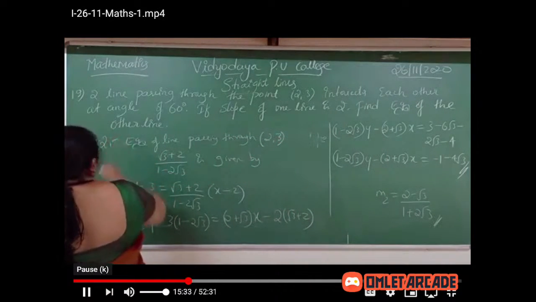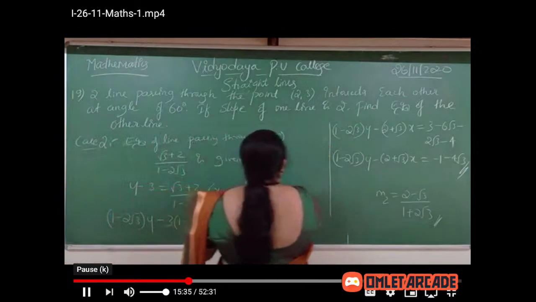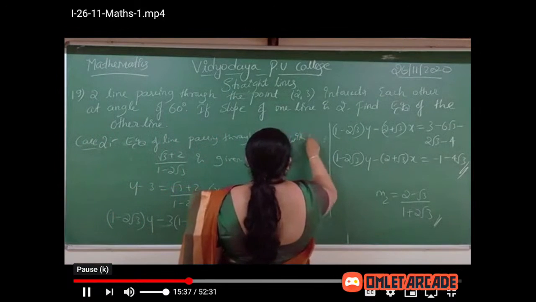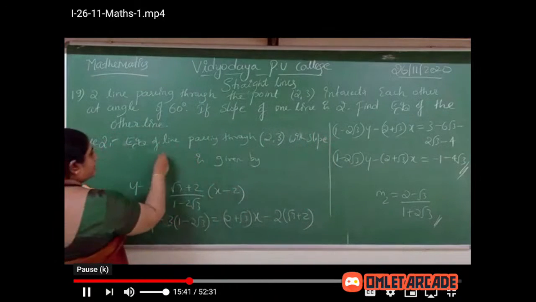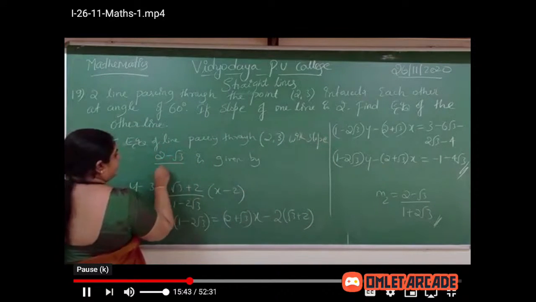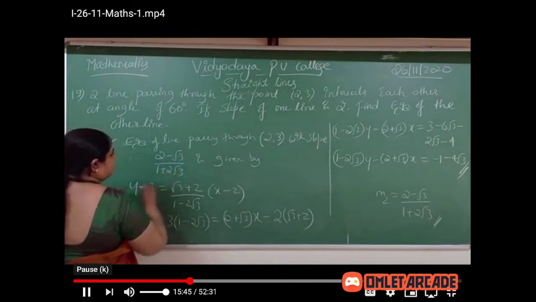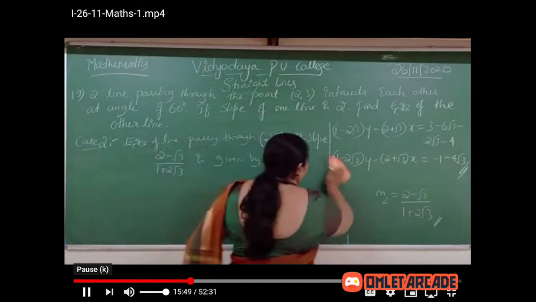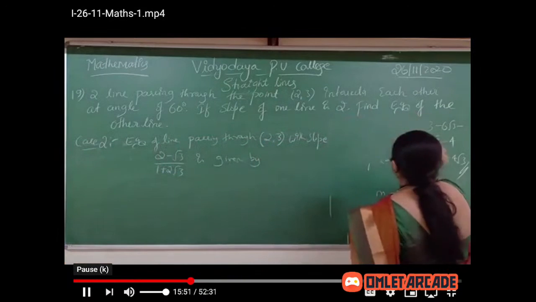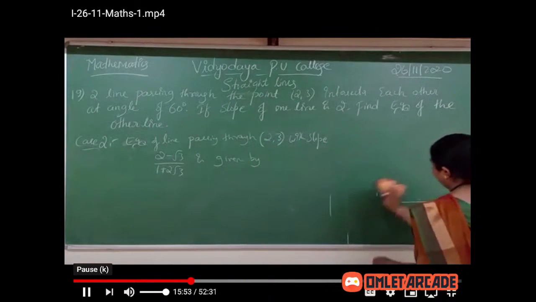Next I am doing case 2. Passing through the same point with a different slope. What is the slope? 2 minus root 3 divided by 1 plus 2 root 3 is given by. I am doing case 2 now.